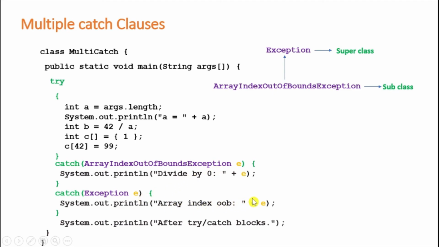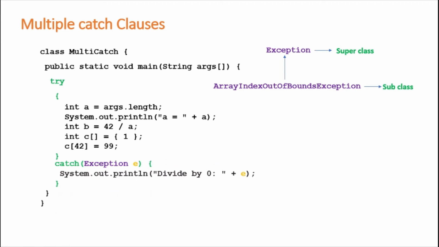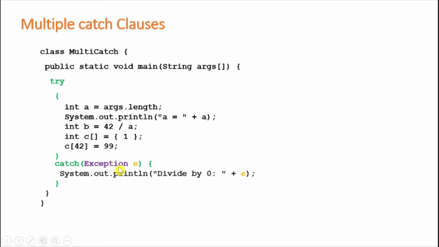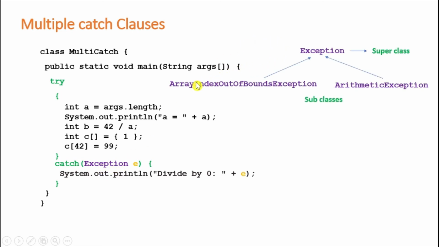Note, this program can be written like this because Exception is a superclass of ArithmeticException and ArrayIndexOutOfBoundsException. But this is not an example of multiple catch clauses because we have written only one catch clause, right?